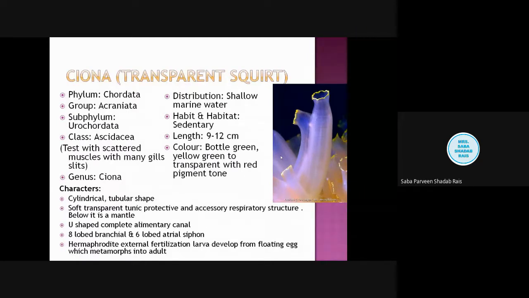Many animals will be there in the marine system. These transparent animals don't live alone in the sea; there will be many animals, and many animals are doing external fertilization. So there will be n number of sperm and ova present.